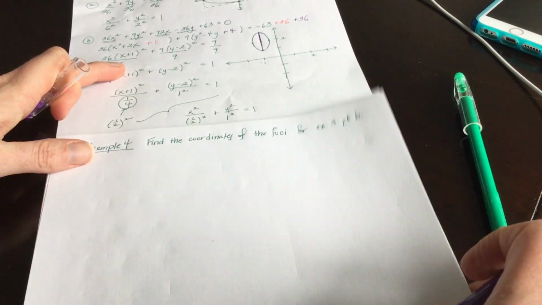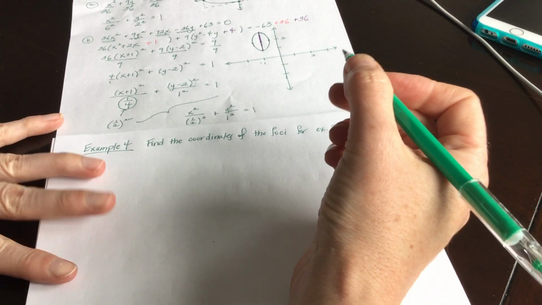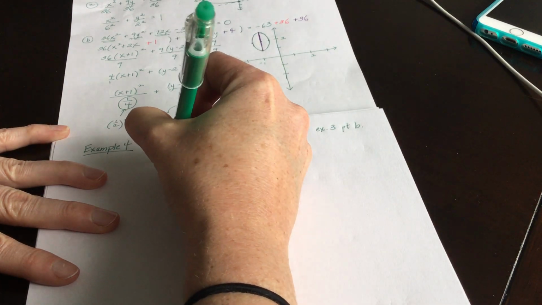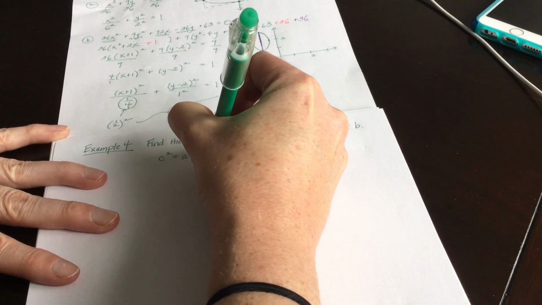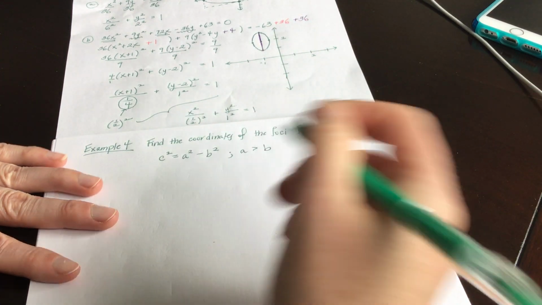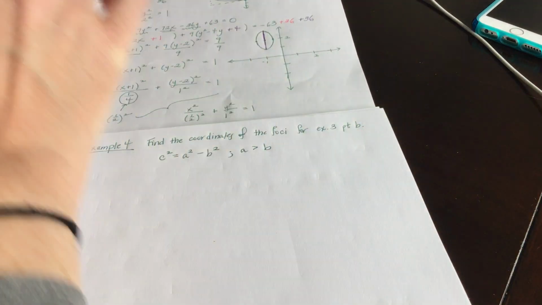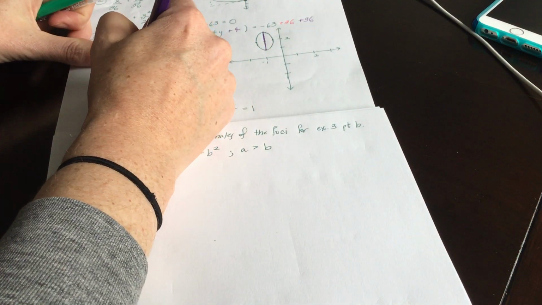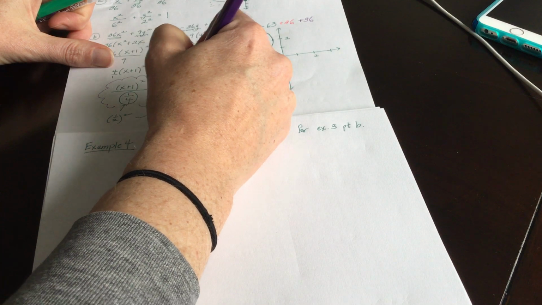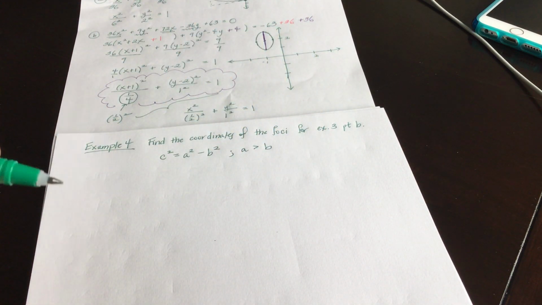So now let's look at what's the Pythagorean identity for ellipses. It's c squared equals a squared minus b squared, and then just make sure when you use it, you're putting a bigger value in for a than you are for b. So if you look at our standard form here, which one's bigger, 1 squared or 1/2 squared?